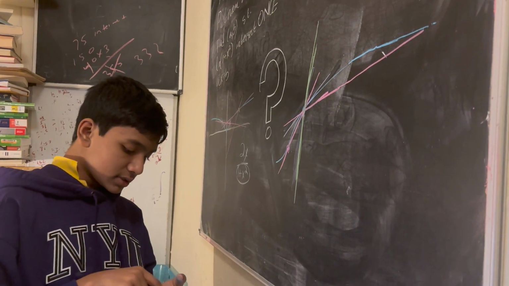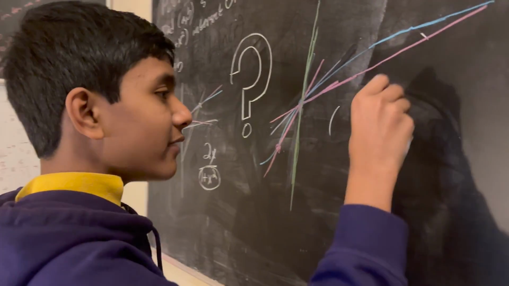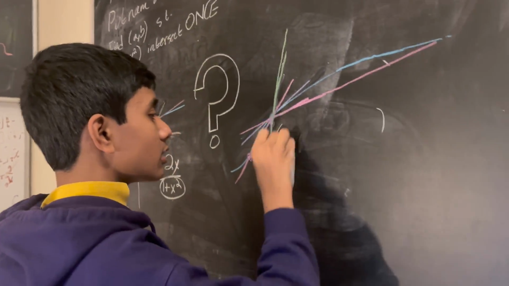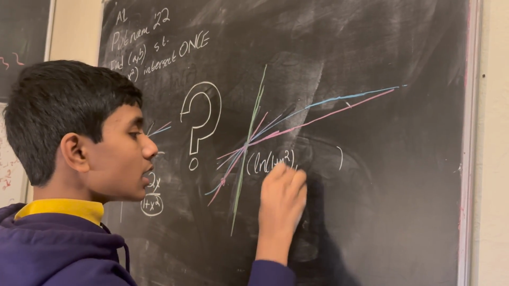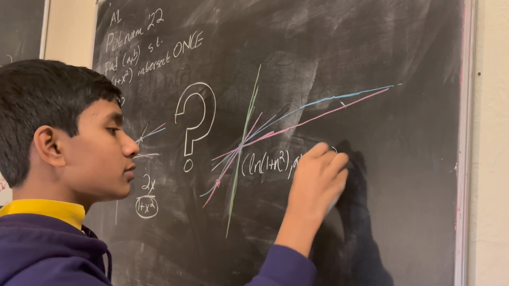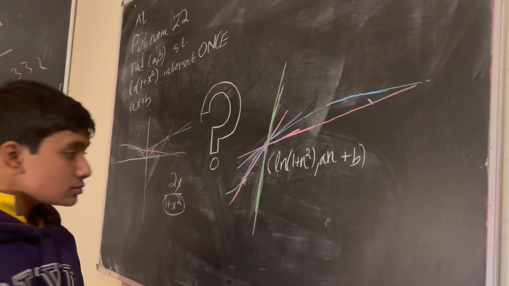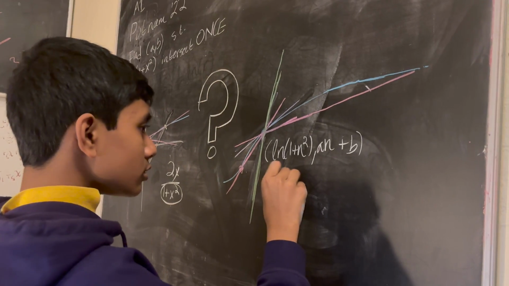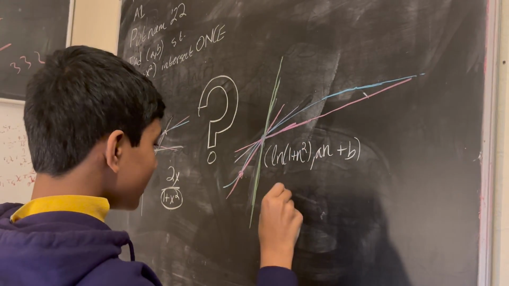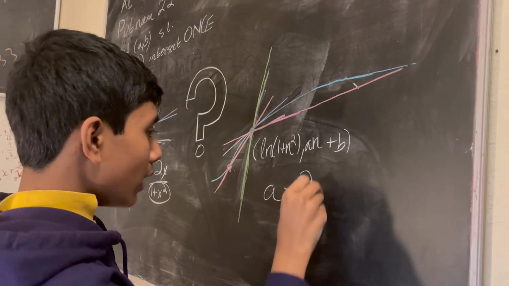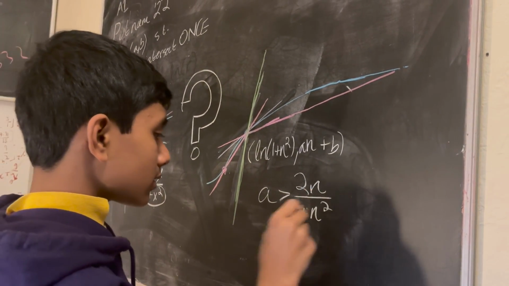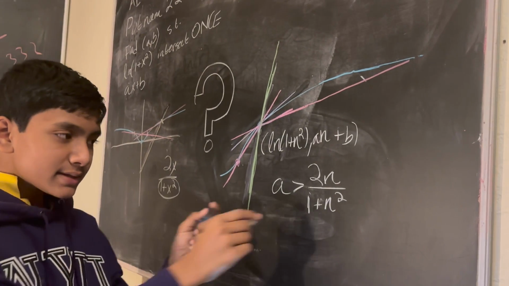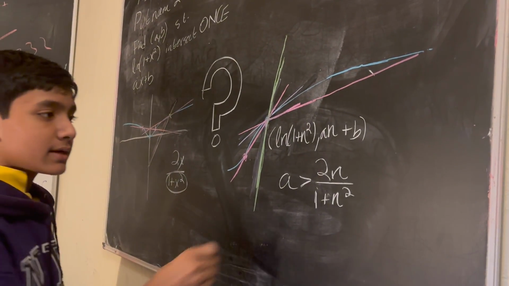So in other words, let's say these two have that intersection point at ln of 1 plus n squared, comma, an plus b. Now, we want to make sure that this slope, a, is greater than 2n divided by 1 plus n squared. So, these are essentially the conditions.